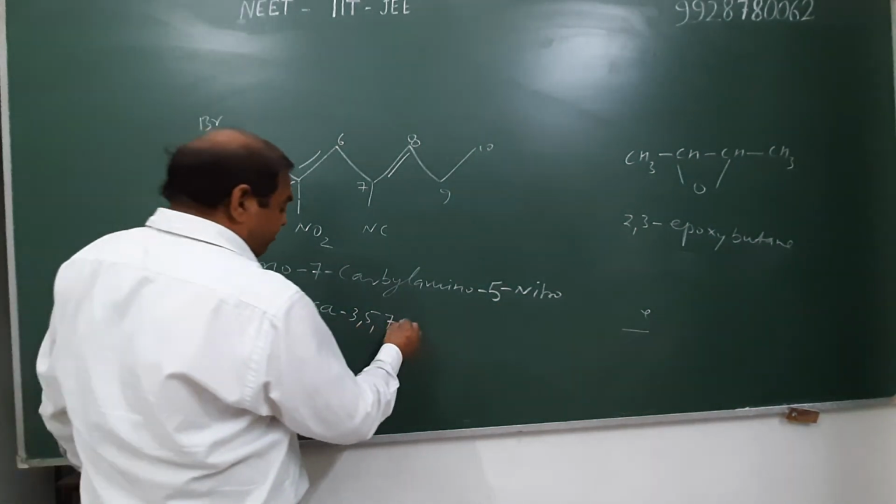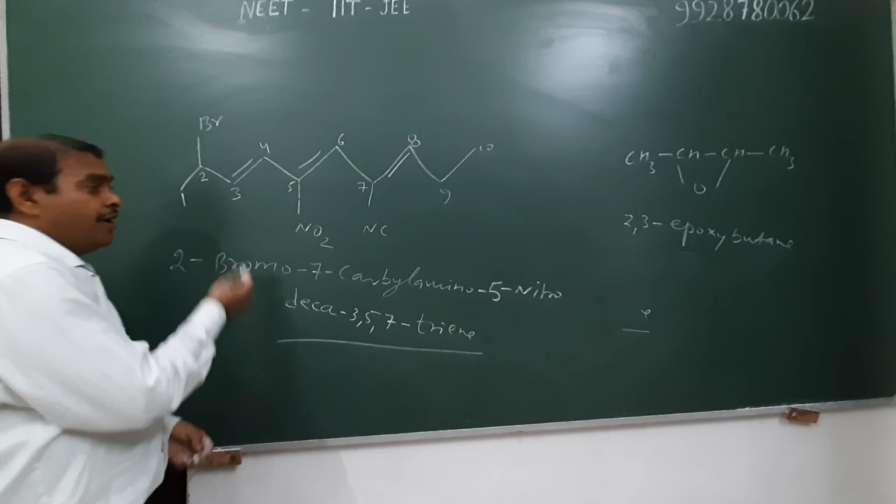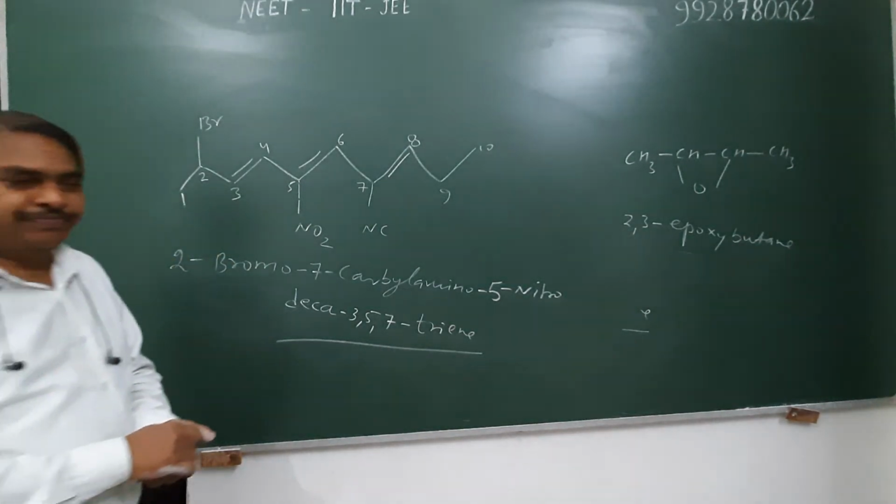Deca-3,5,7-triene. It is the IUPAC name of the given structure.